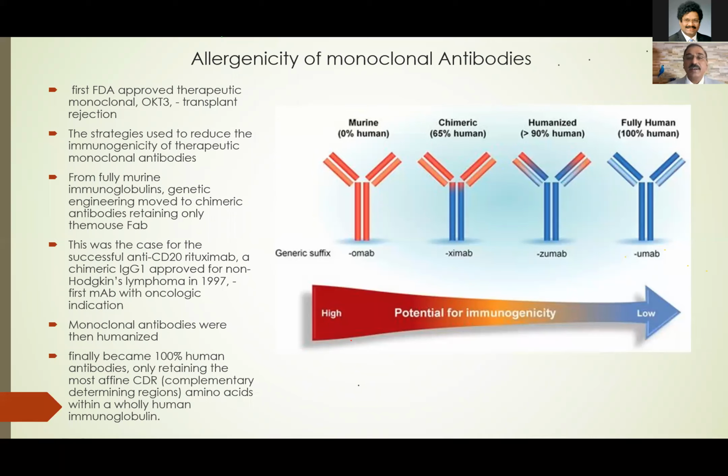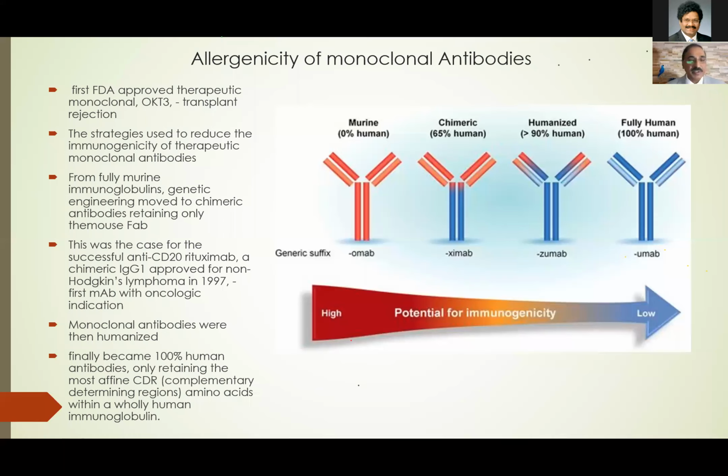The chimeric antibodies are called ximab, which is about 65% humanized. That means the heavy chains, mainly the constant portion, is humanized. Then when we humanize at 90%, that is called zumab.